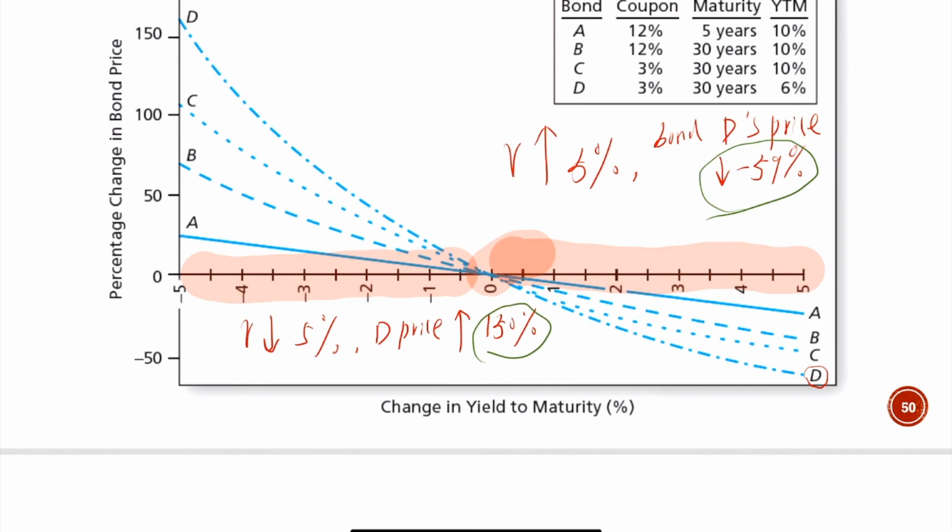It basically means that if the interest rate increases by 1%, you will suffer less compared with the gain you could get from a 1% yield decrease.